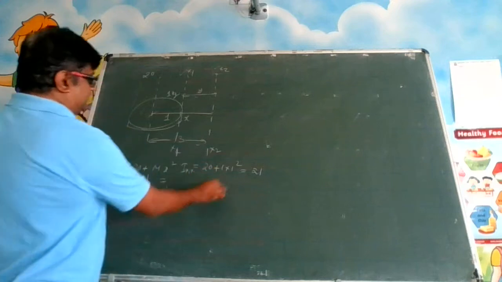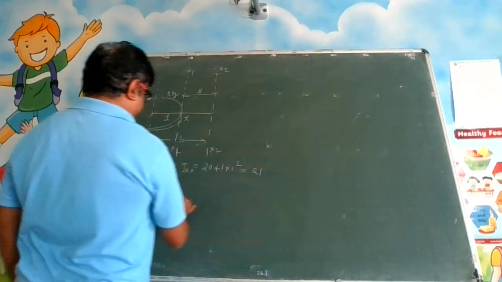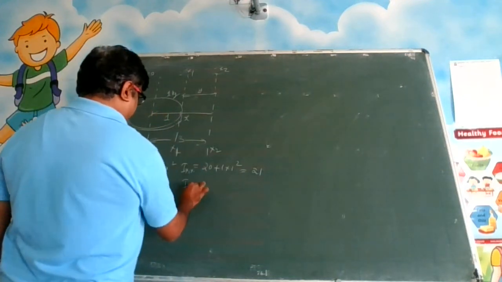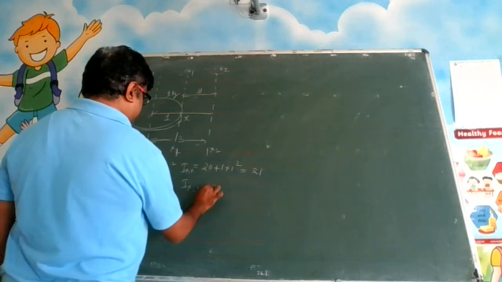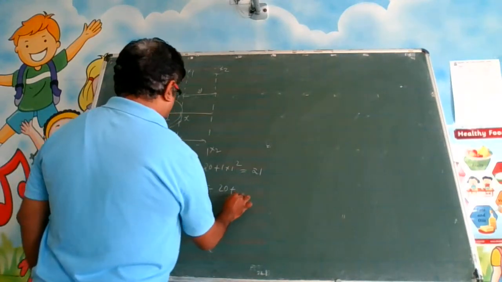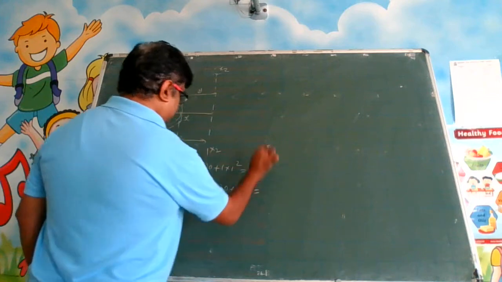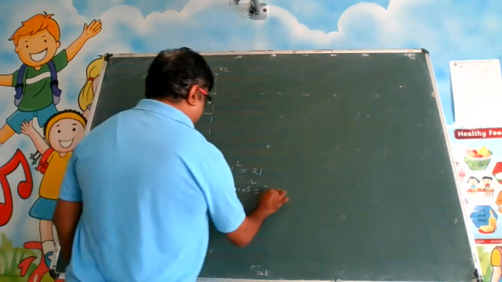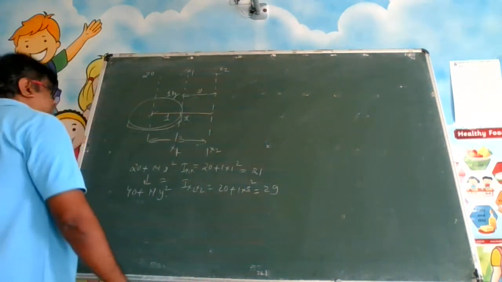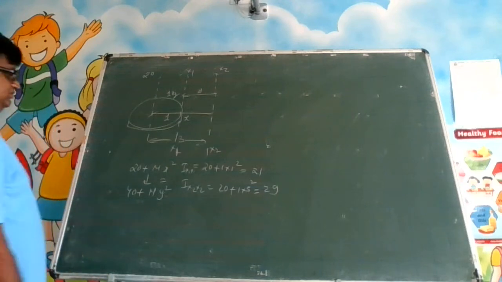So this is 20 plus 1 into 1 square, it is 21. And let us find out x2, x2. It is 20 plus 1 into 3 square. So 20 plus 9, it is 29. Okay, so this is what you will get.